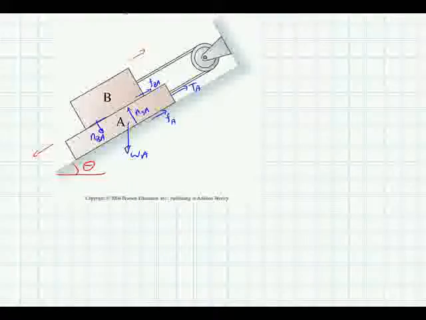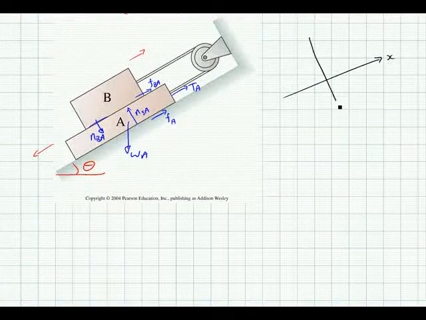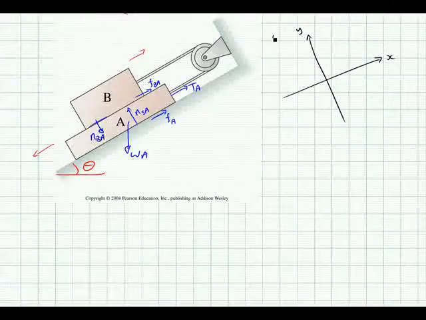So if we were to do a free body diagram for A, this is our x-axis, this is our y-axis.